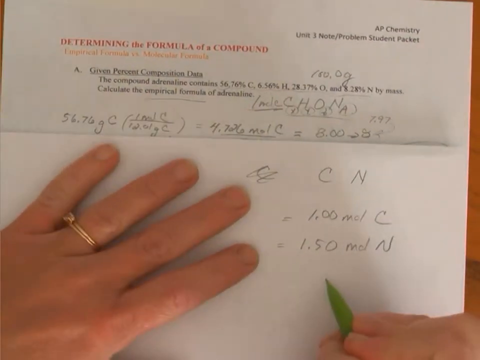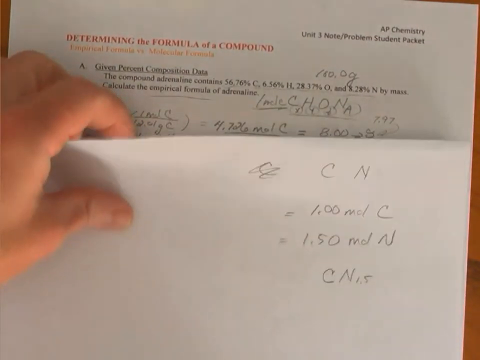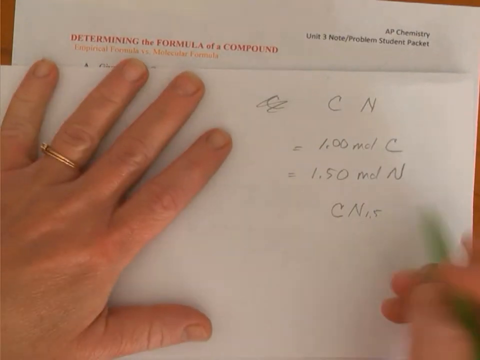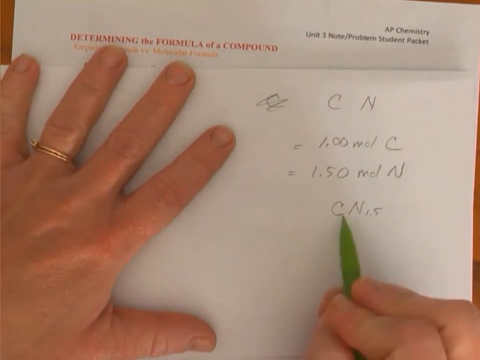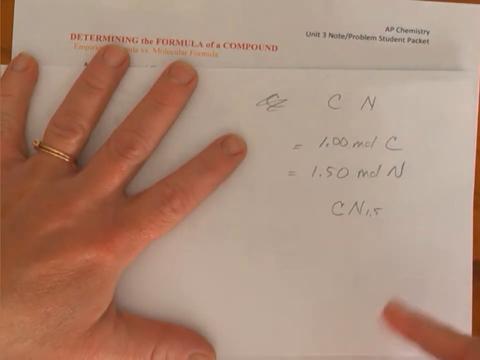Well, we would never write these as our subscripts. That's just silly. So what you do is you multiply through by a digit all of your subscripts until these get transformed into whole number ratios.